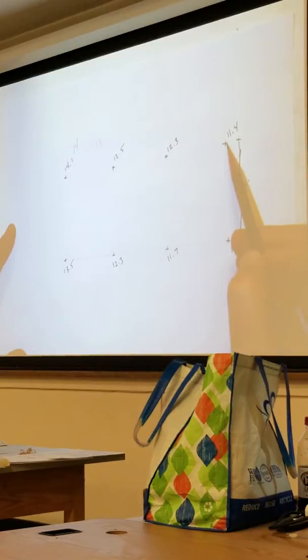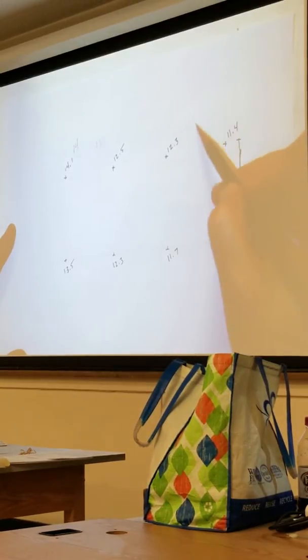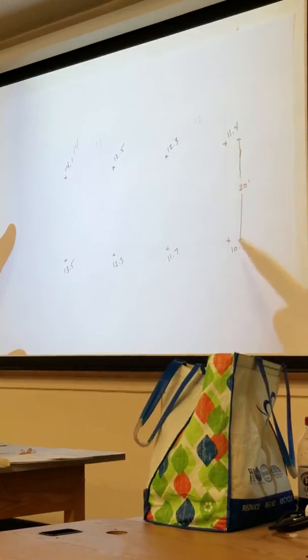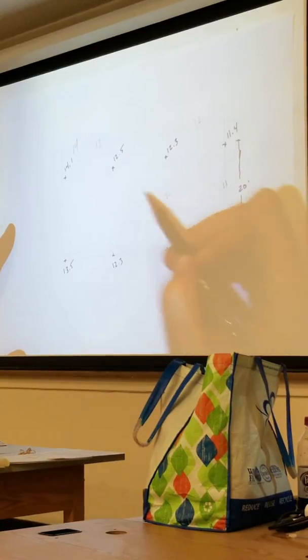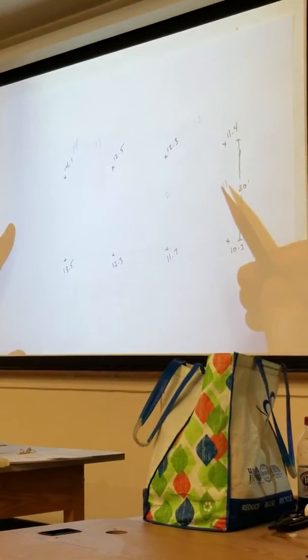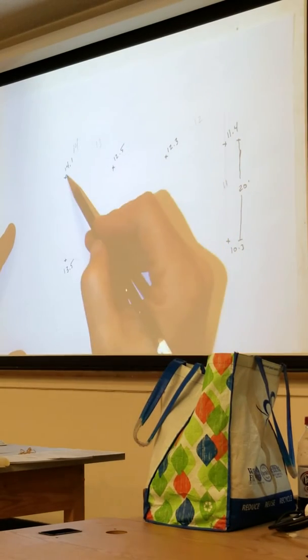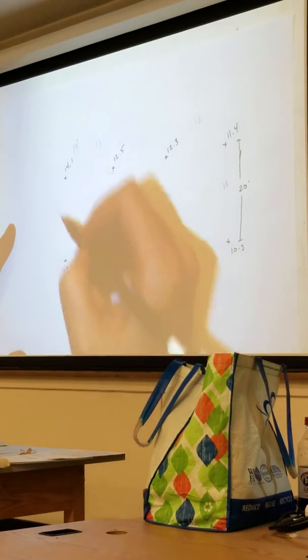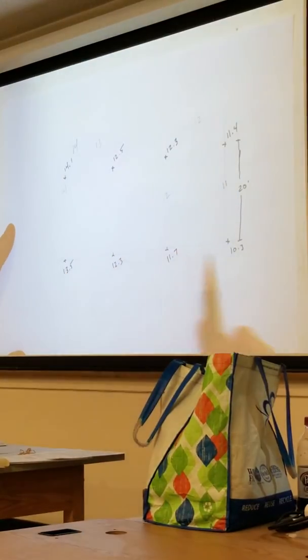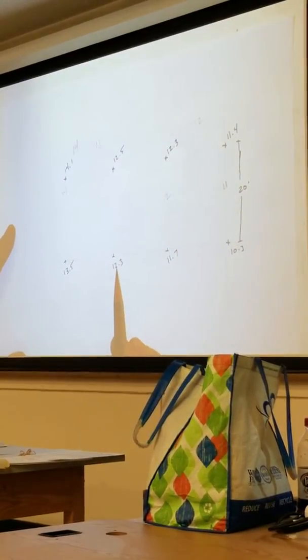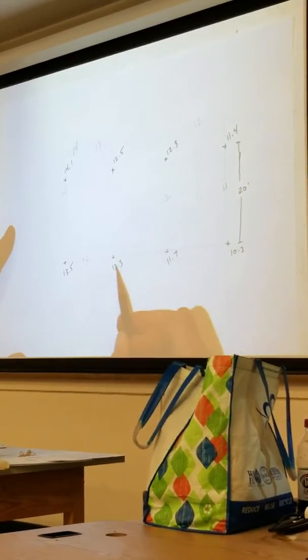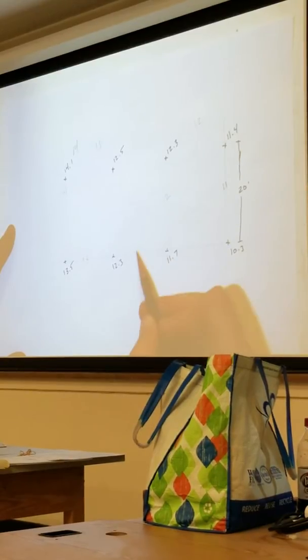12.3 to 11.4? 12. Between 11.4 and 10.3, are there any numbers? 11. Between 12.3 and 11.7? 12. 12.5 to 12.3? Nothing. Between 14.1 and 13.5? 14. Now going down this line, 13.5 to 12.3, there's a 13. 12.3 to 11.7, 12.